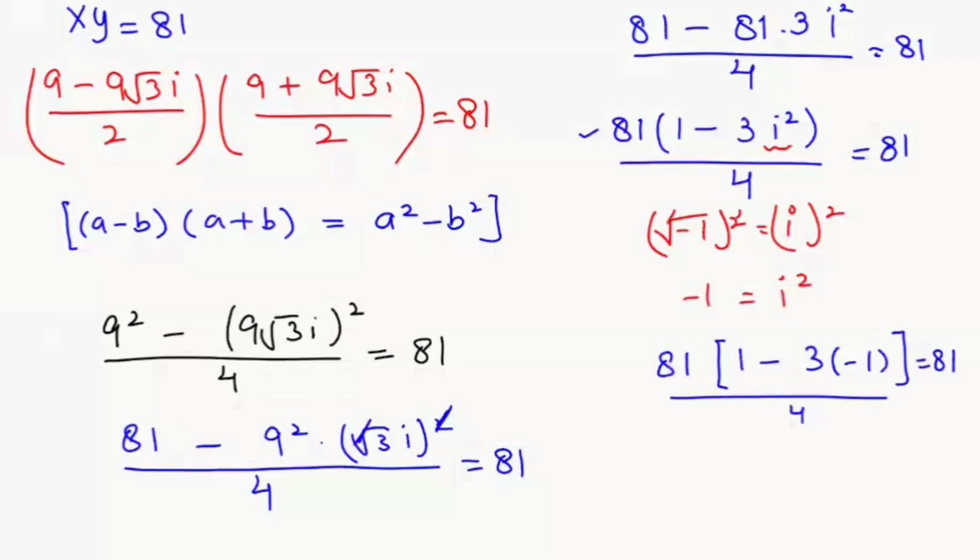And here this will be equal to 1 plus 3 over 4, times 81, is equal to 81. So this is going to be reduced, and the left hand side equals the right hand side. So the values of x2 and y2 we found are absolutely correct.